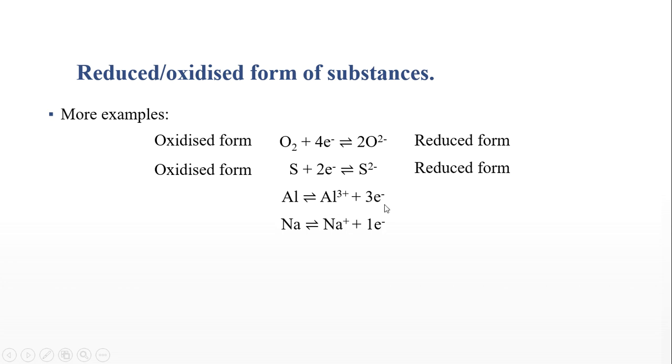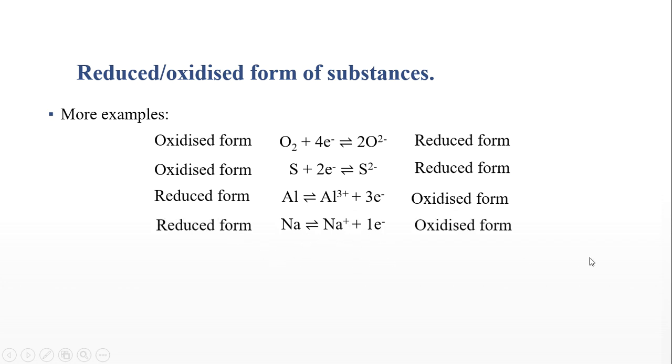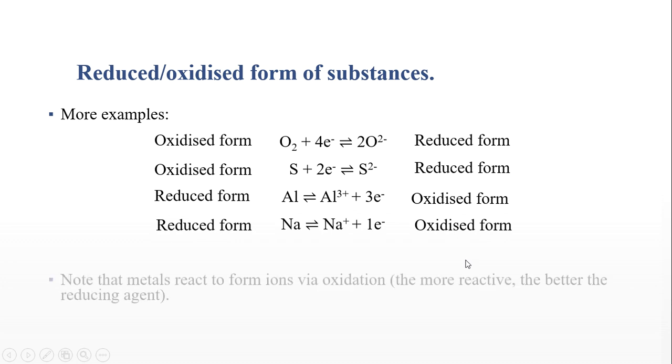That process involves giving away electrons. Losing electrons is oxidation. So then we write the oxidized form here because this is what's formed during an oxidation. If aluminium ions take up additional electrons, well, then we will have a reduction, and that's the reduced form. And the same thing can be said about sodium when sodium reacts. Reduced form and oxidized form, like so.